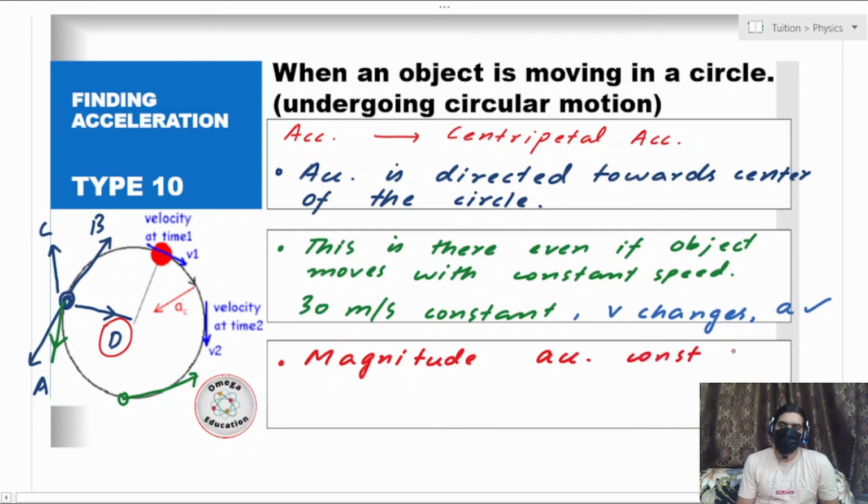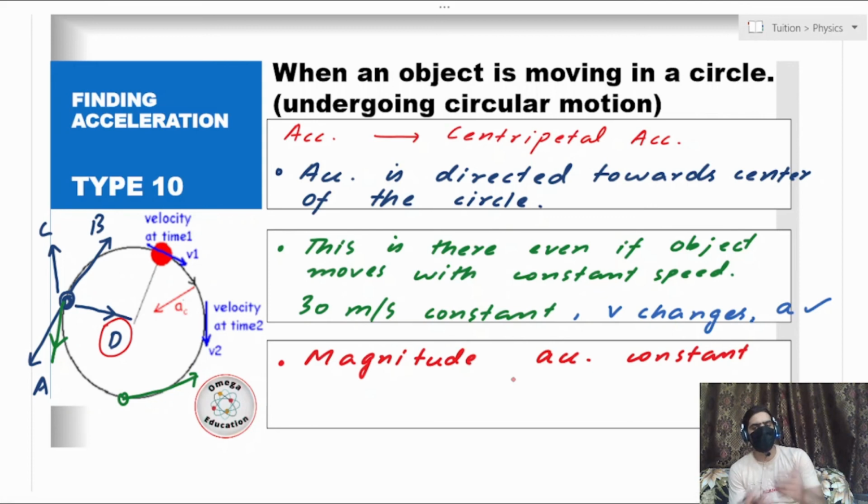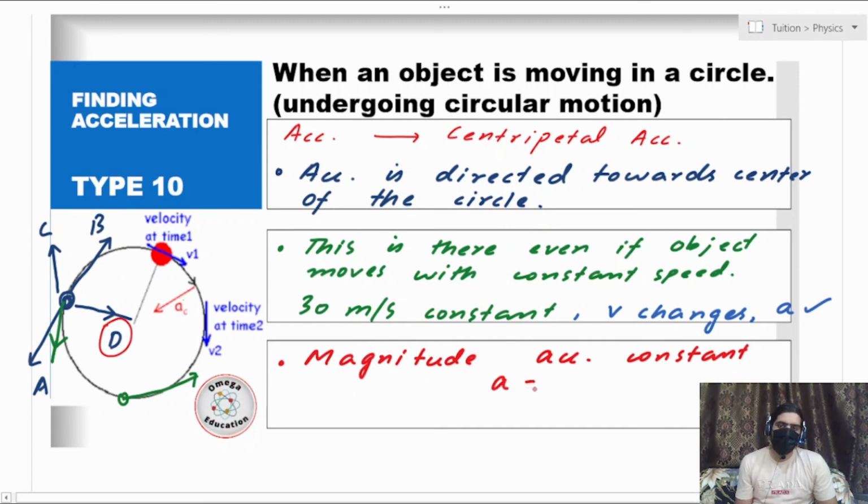The formula for calculating the acceleration is not part of O levels. Study that in A levels. So right now I'm not going to come up with the formula, but let's suppose that the centripetal acceleration that you calculated is 2 meters per second square.